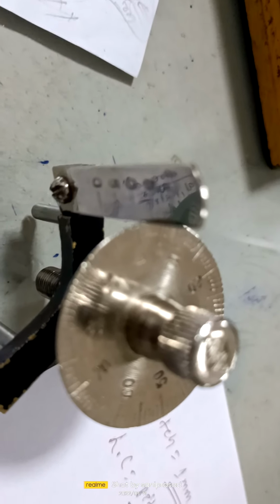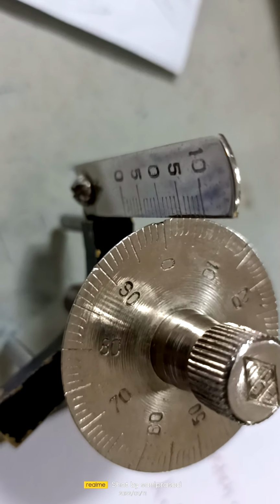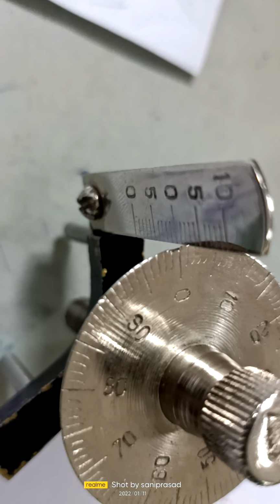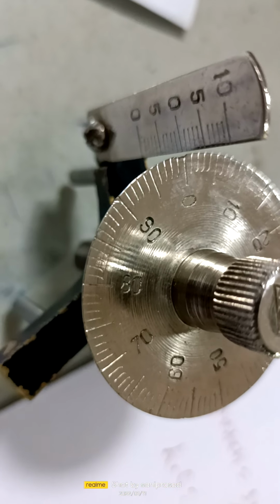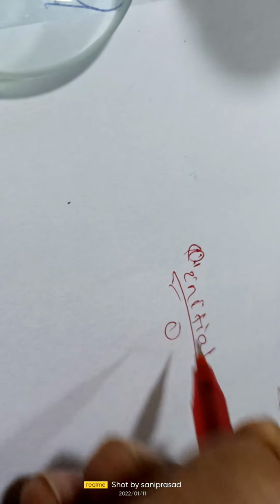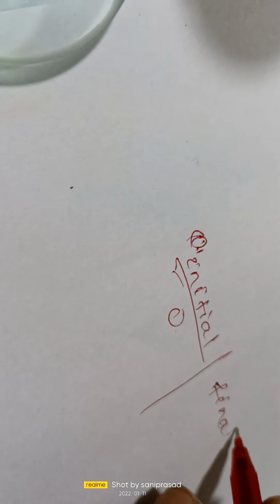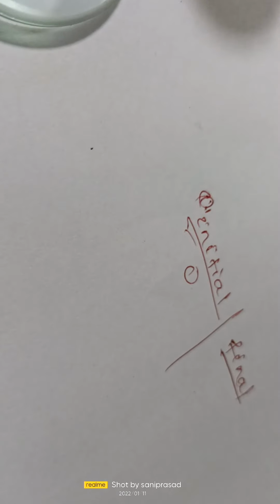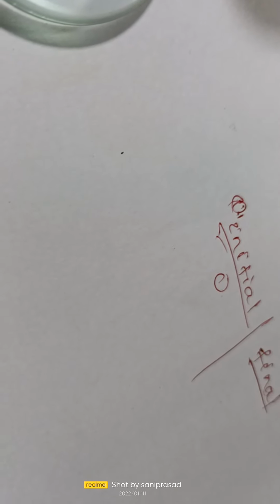What is final, what is initial? Initial will be the initial point. Now you have not measured, you have not touched anything, so look, the 0 is coincided with the main scale 0, so the 0 on the circular scale will be our initial. So the initial will be 0. Then you have to find out the final. After the measurement, this value comes, this will be our final value.